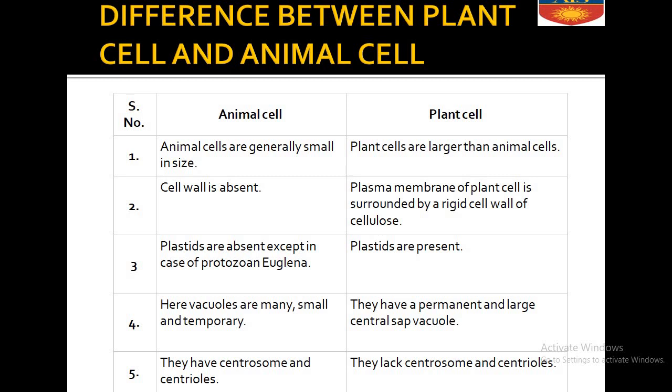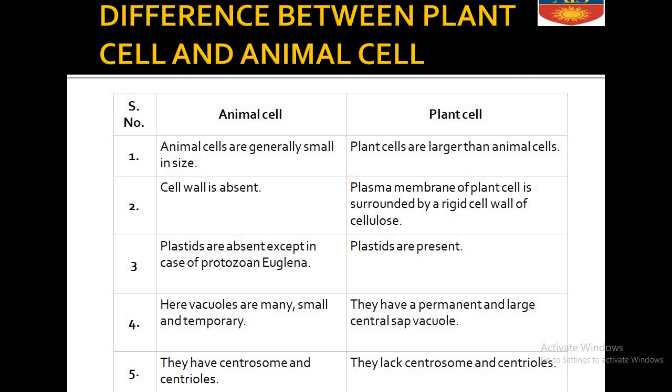Plastids, we learned that in animal cell the plastids are absent, but they are present in Euglena. This is the exception. Plastids are absent in animal cell, but present only in the protozoan Euglena.